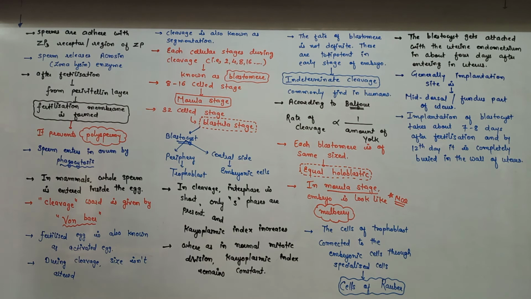Generally, implantation of the blastocyst takes place about 7 to 8 days after fertilization. So within 1 week after fertilization, the blastocyst is implanted into the uterus. But by the 12th day, it is completely buried in the wall of the uterus.